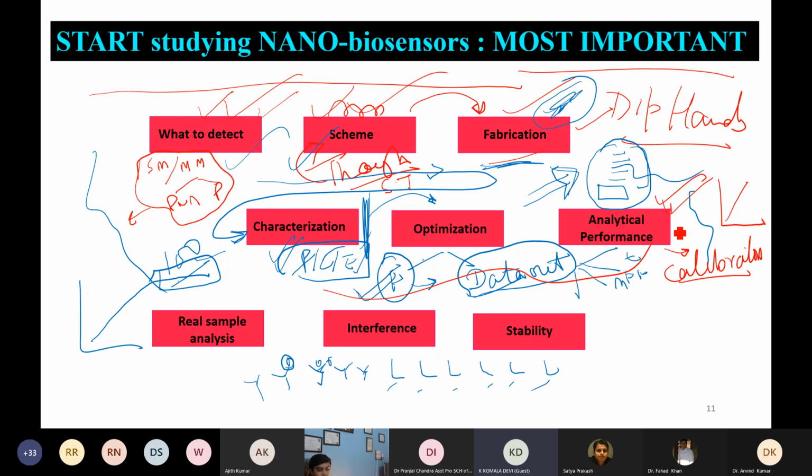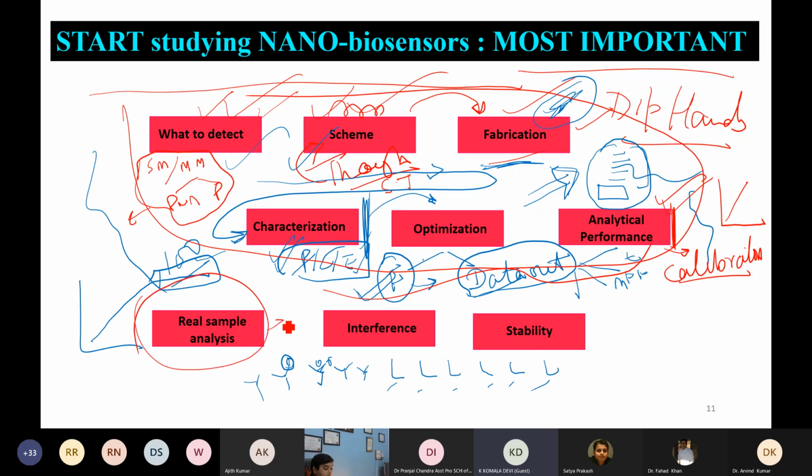So that is the meaning. These things happen in a lab. After this process, we go to real sample analysis. It means a plant leaf, soil, root, anywhere, even the live plant in vivo model.